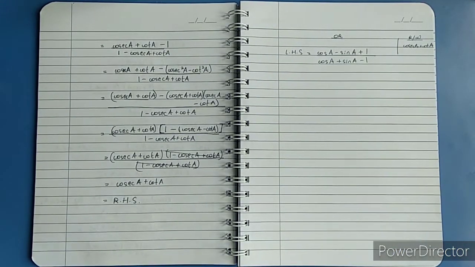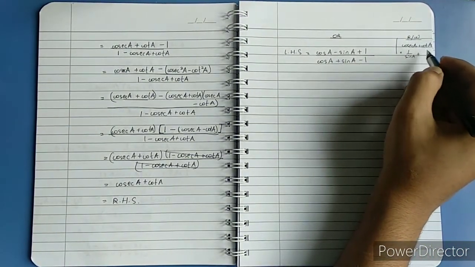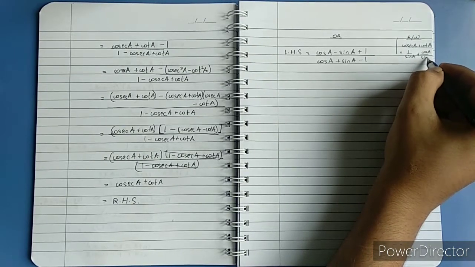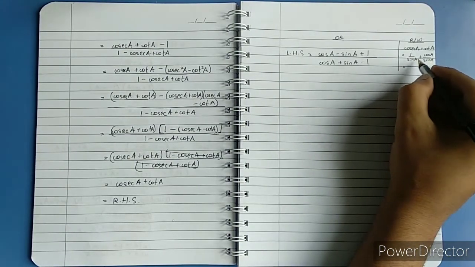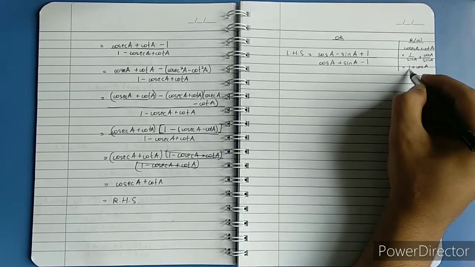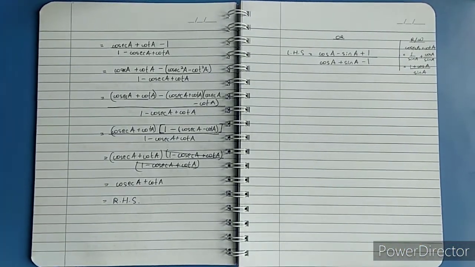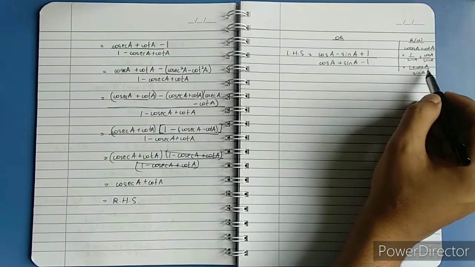So cosec A plus cot A becomes 1 by sin A plus cot A becomes cos A by sin A, which is equals to 1 plus cos A by sin A. In the next step, we will either take the numerator or the denominator.